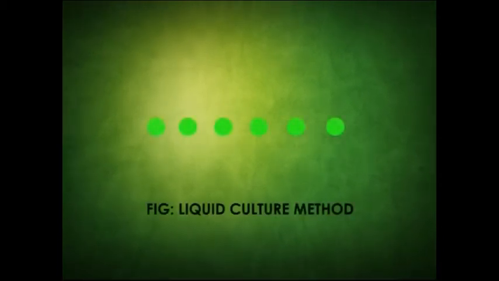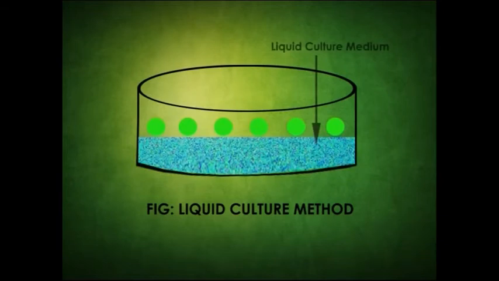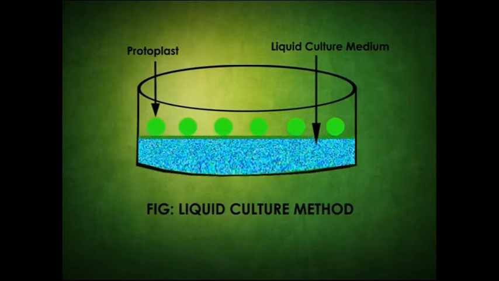The protoplasts are suspended in liquid culture medium at the required plating density and dispensed into appropriately sized petri dishes. The cultures are sealed with gas permeable tape and incubated in a growth room at about 25 degrees Celsius under low intensity illumination.